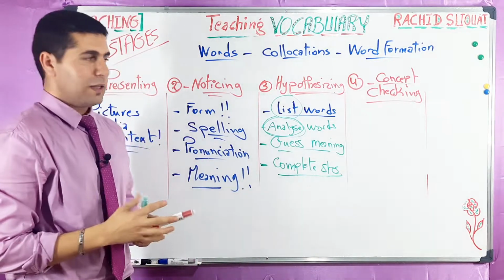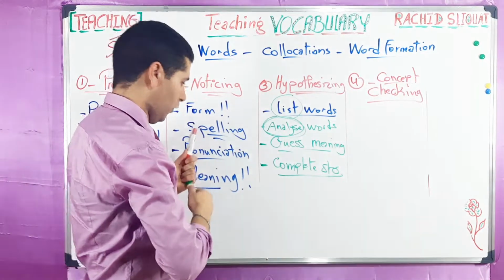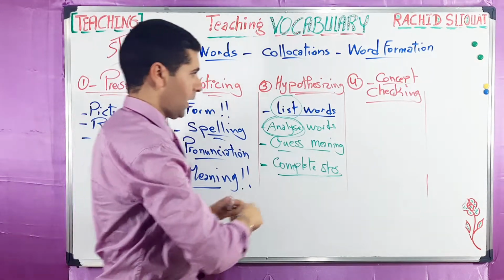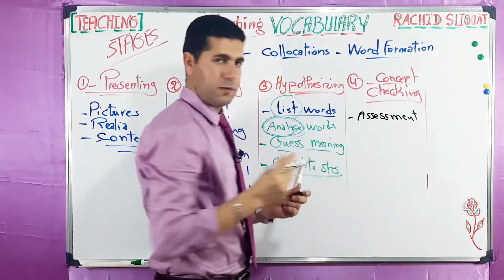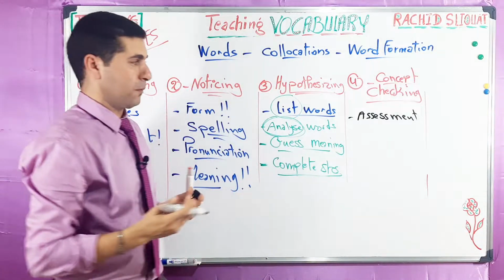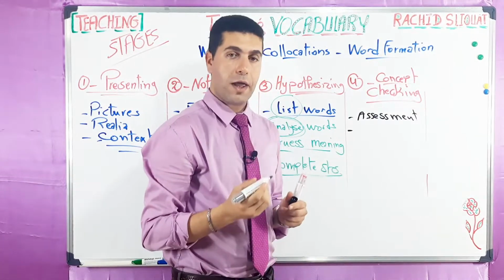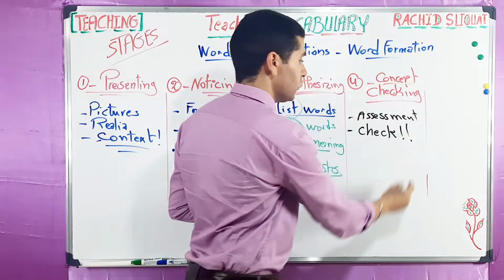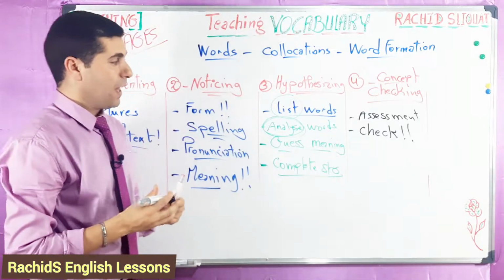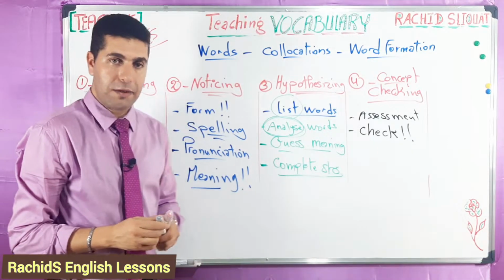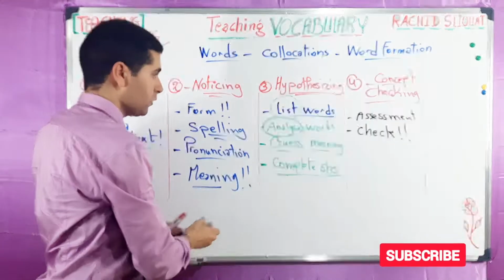Stage number 4, we can consider it as concept checking. As I said before, it is a way of assessment, to assess whether students learned something or not, and whether learners still remember what you taught. You can do this, for example, by asking questions.